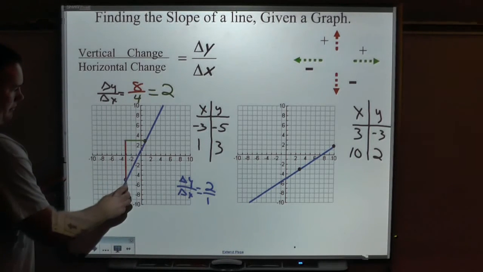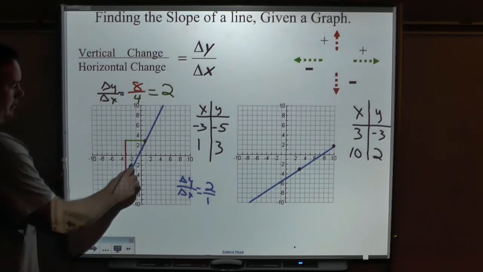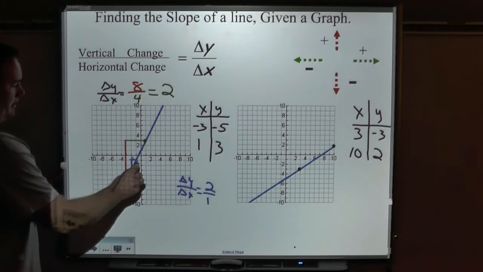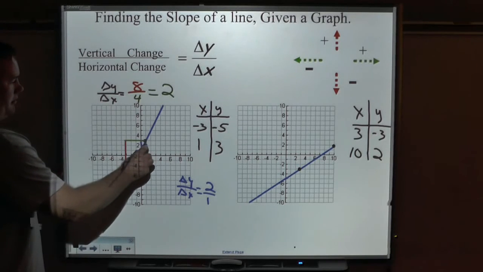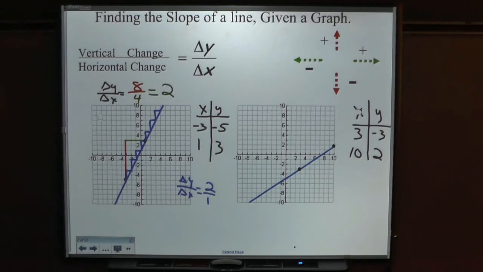If we start here at that point (-3, -5), we go up 2 units, to the right 1, and we're back to the line. Up 2, right 1, back to the line, and so on and so forth, all the way up. You'll notice every time you go up 2 units to the right 1, you're back to the line that we started with. That shows us the steepness of that line. 2 units up, 1 to the right.